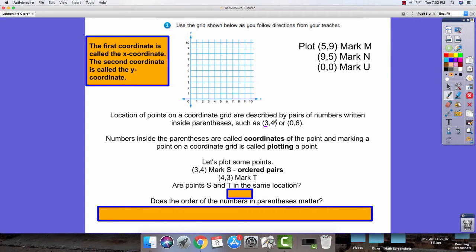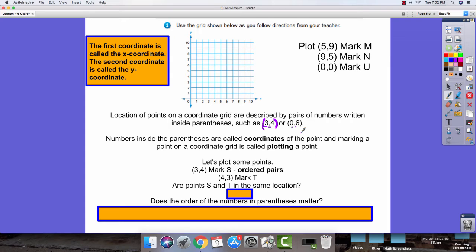So 3, 4, and you always close it inside parentheses. If you do not have it inside your parentheses, it is wrong. So make sure your two numbers are always separated by a comma and that they are enclosed by parentheses. Here's another point, another ordered pair. Ordered pair 0, 6 inside parentheses.